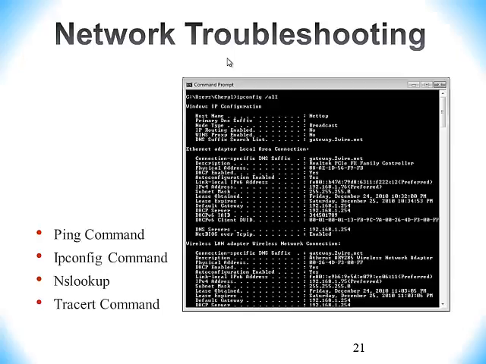The next thing we're going to look at is network troubleshooting. There are some commands that you can use there in the command prompt to help you troubleshoot a network. The ping command can be used to check connectivity all around the network. The ipconfig command lets you see the current IP configuration.